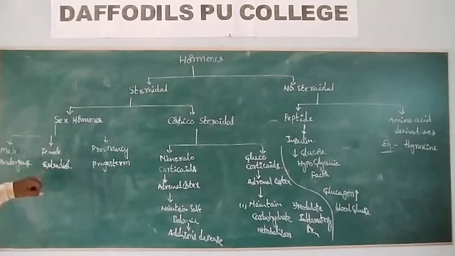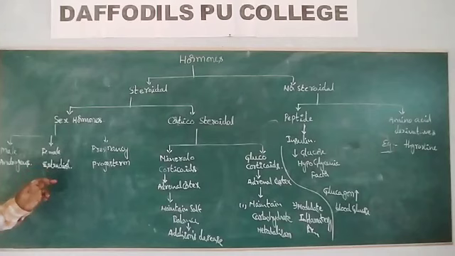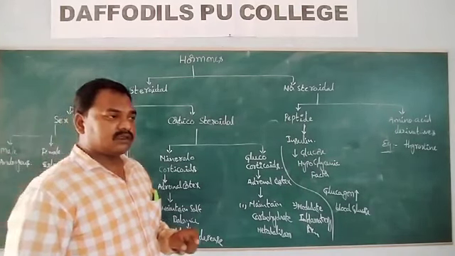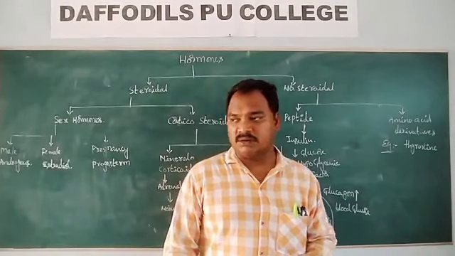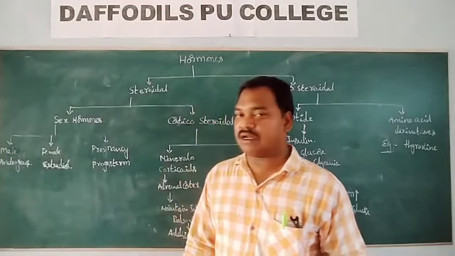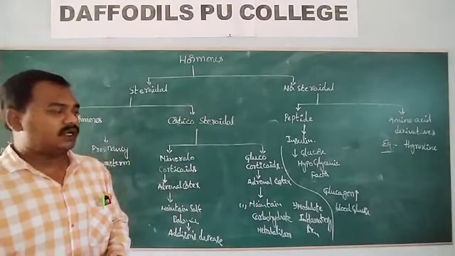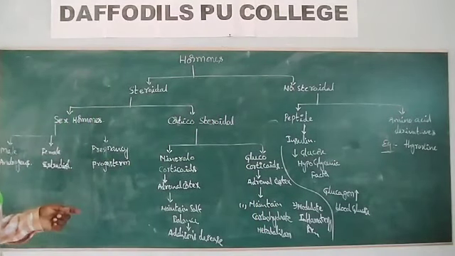Female sexual hormones are estradiol and estrogens. Again, you have different types of hormones: estradiol and estrogens. These female sexual hormones are responsible for the development of secondary sexual characters in females.